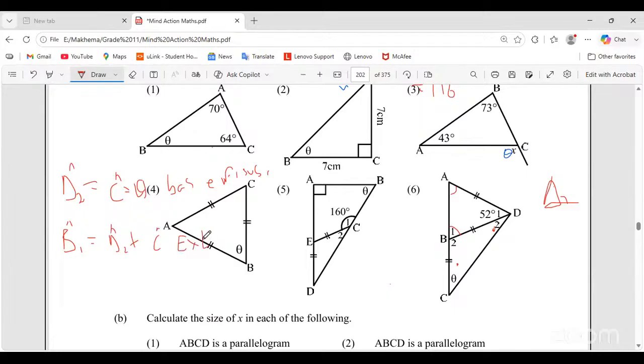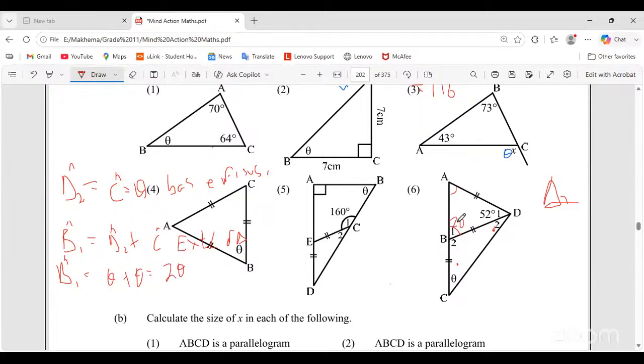That is an exterior angle of the triangle. Now, angle B1 is equal to D2, what is D2? D2 is theta. What is C? C is theta. Now B1 is equal to 2 theta.